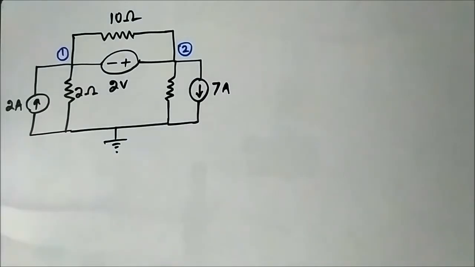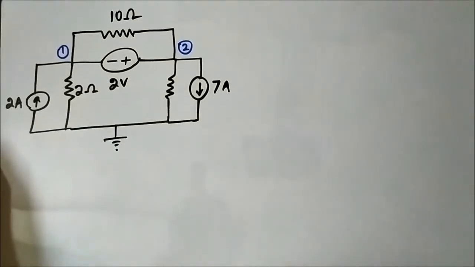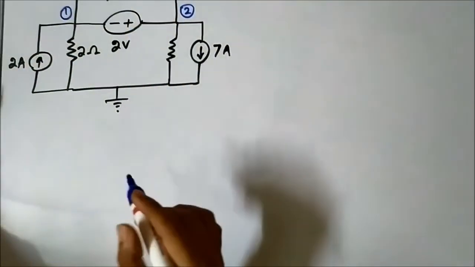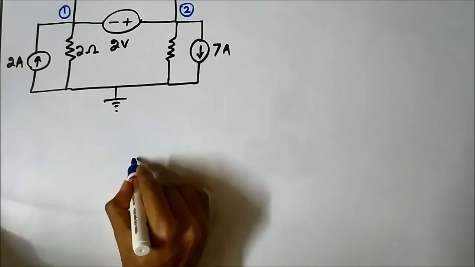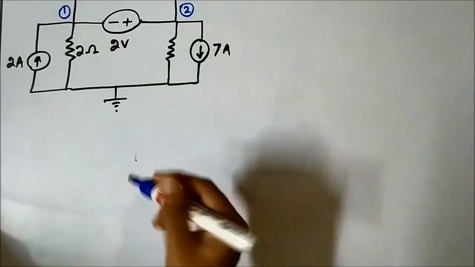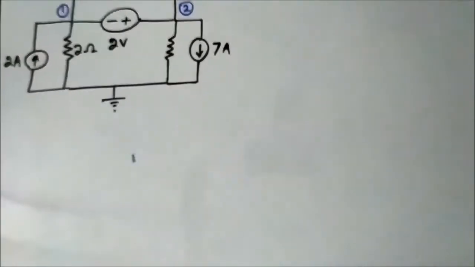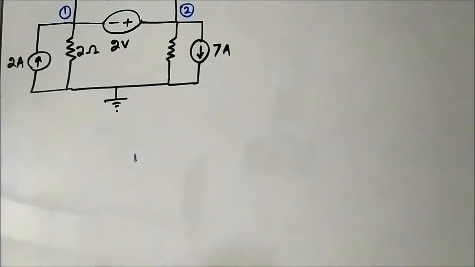Now if I say this 10 ohm resistor has no role to play in this circuit, it contributes nothing, because the voltage difference between node 1 and 2 is fixed.